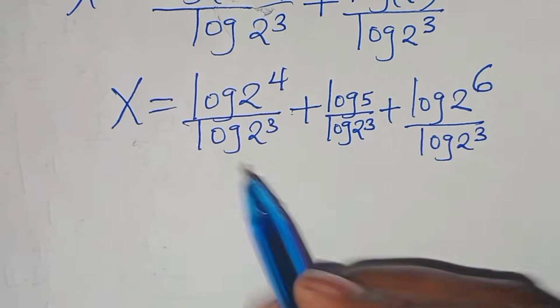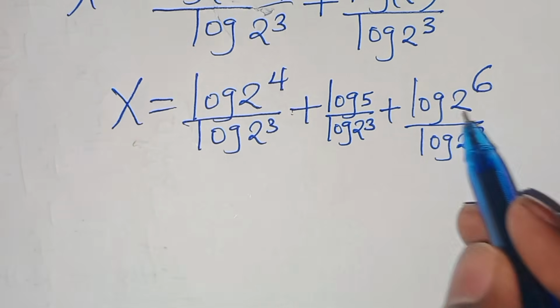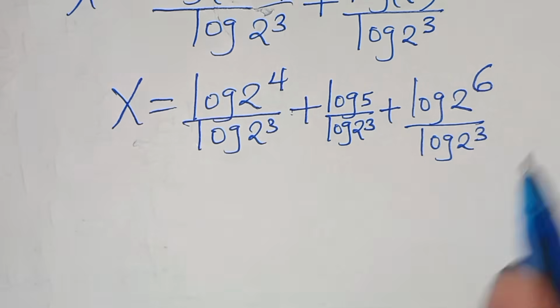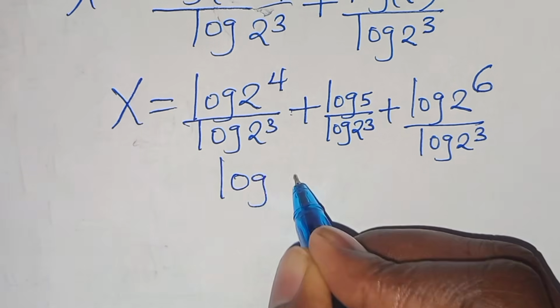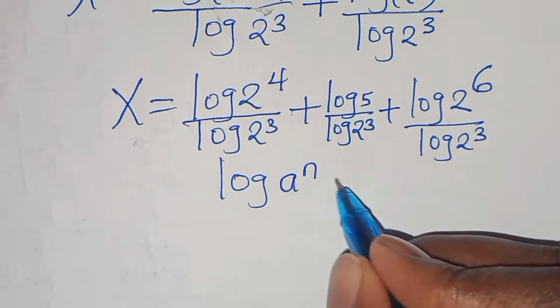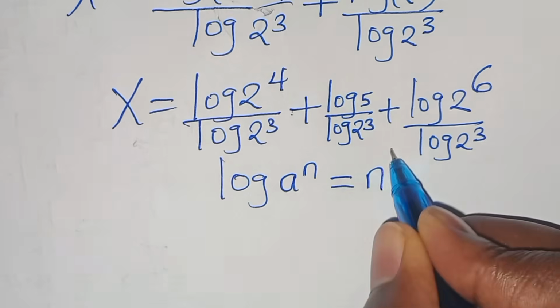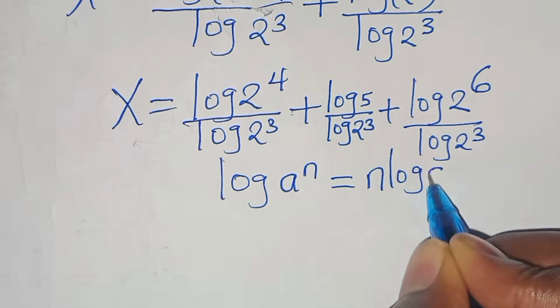Now, log 2 to the power of 4, log 2 to the power of 6, and log 2 to the power of 3, this is in the form of log a to the power of n, which we can express as n log a.